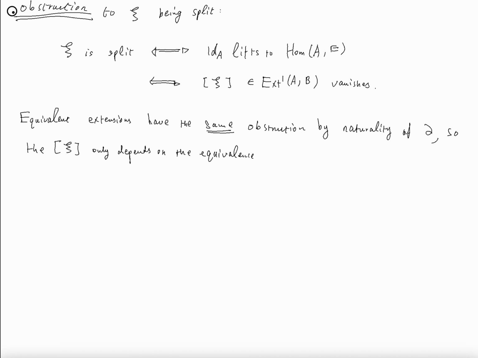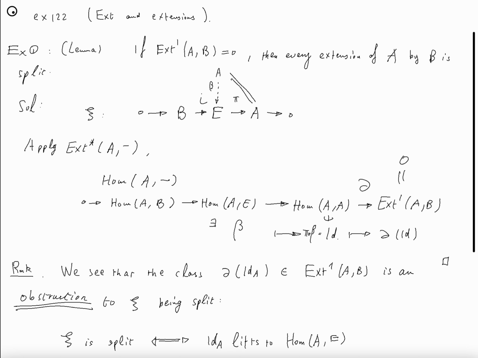So maybe let me change the notation to avoid confusion. At this moment we haven't really given a bijection between the Ext^1 group and the equivalence classes of extensions. This partial of identity A is an element of the Ext^1 group, while this C is an extension.